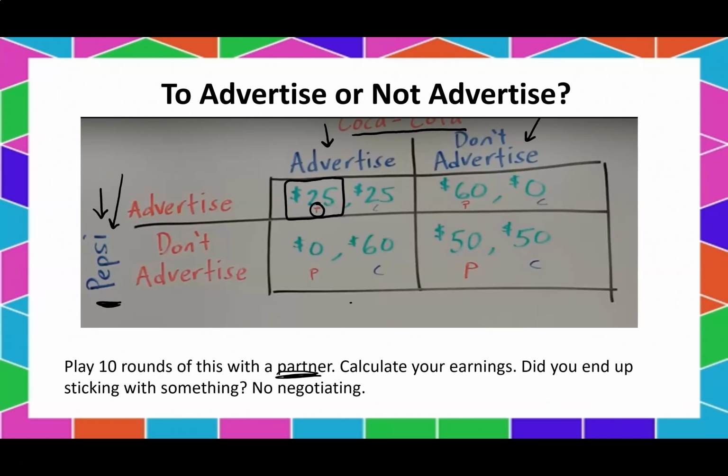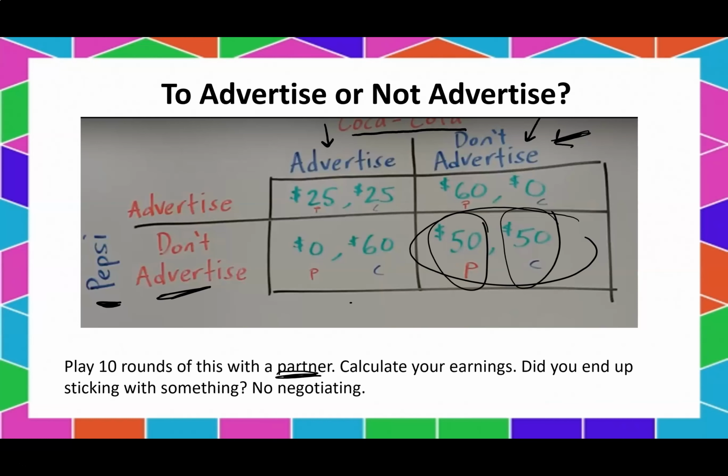So if Pepsi chose to advertise and Coke chose to advertise, then Pepsi would have made this $25 right here, and Coke would have made this $25. However, if they both chose to not advertise, they would have ended up with $50 for Pepsi and $50 for Coke. It's kind of like their revenue or their profit, if you will.